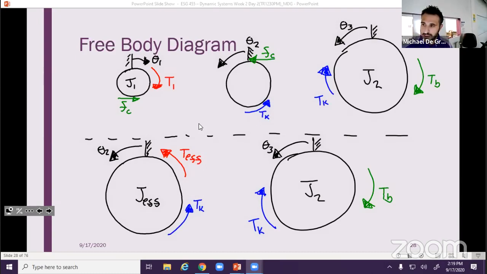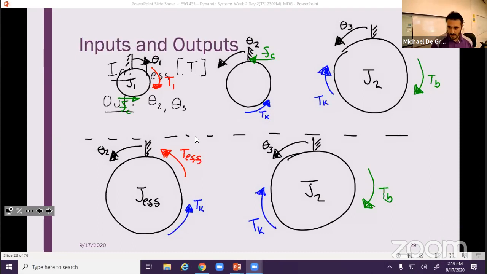Since I assume theta 3 is larger, it's going to fight this position, which means it's going to be equal and opposite on the other one. It doesn't matter. You can have it drawn the opposite way. If I drew it this way, it would be theta 2 minus theta 3. Good question.